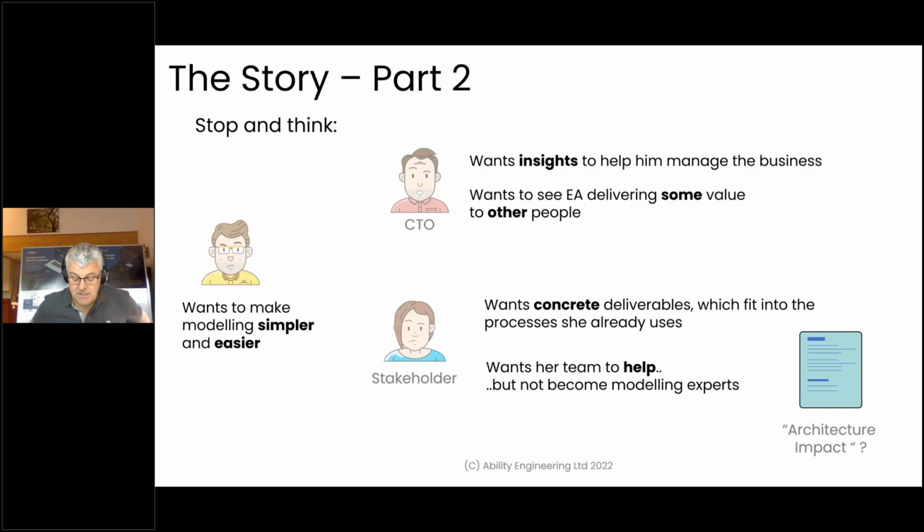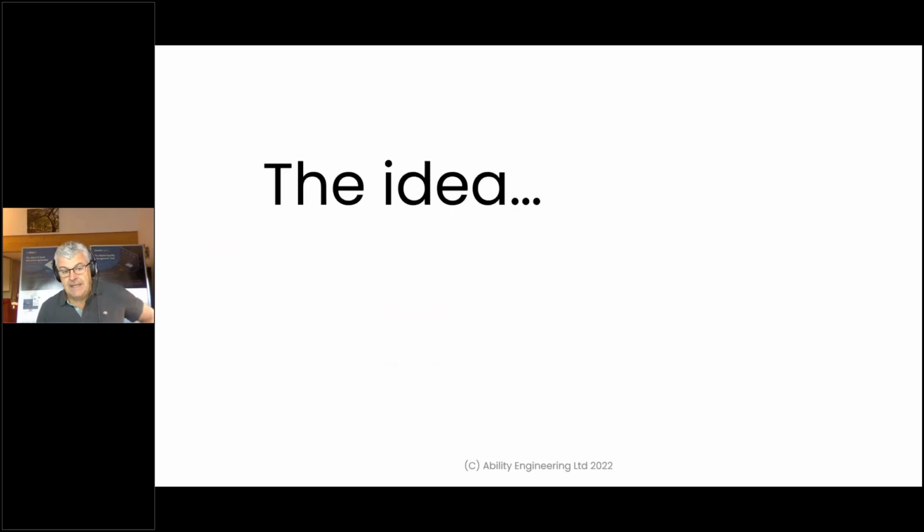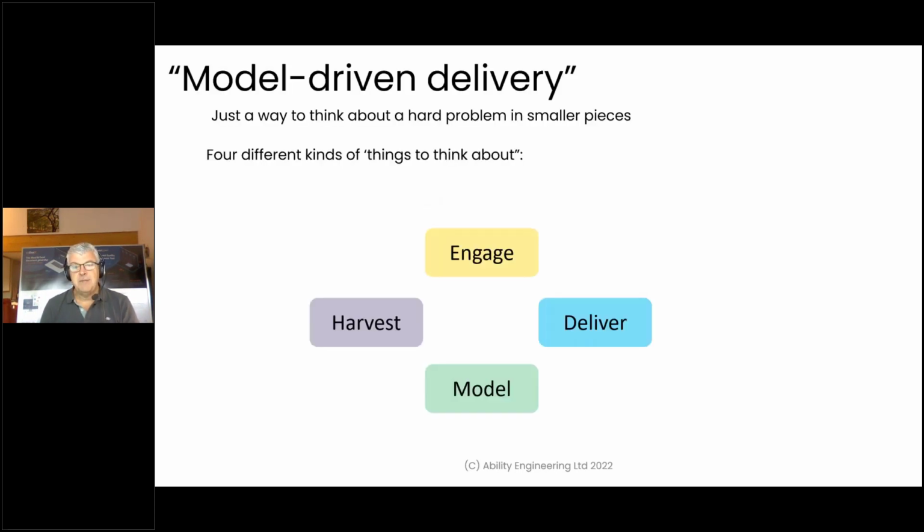So at this point, I introduced to them the idea, and this is the kind of framework. Oh, I hate framework. It's just a set of ideas. It's not a framework at all. It's some ways of thinking about what these people are trying to do, trying to tease it apart into, I think, 4 lumps. And I've used this technique behind the scenes with clients for many years now.